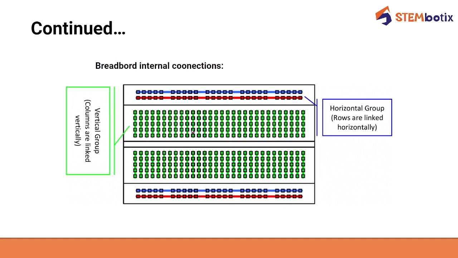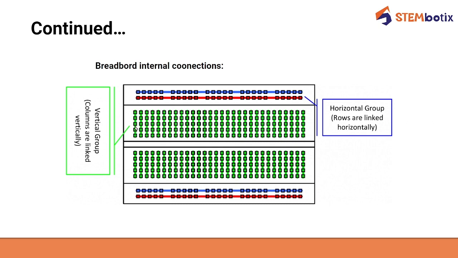But in the middle area, this area is divided into two different parts, one here and another one here. In the middle part, only these five holes from here, one, two, three, four and five, this column in green color, are connected internally.